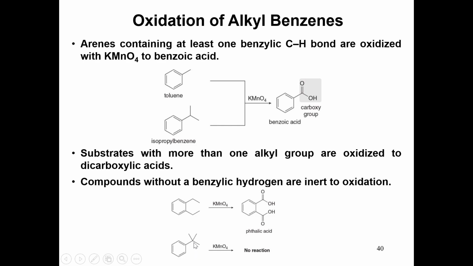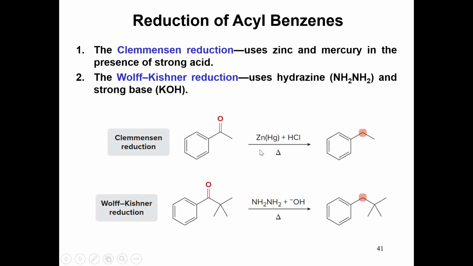If you have a carbon-hydrogen bond plus a strong oxidative reagent, you form benzoic acid. So you could have one or you could have more. If you have a third CH3 here, you will have a third carboxylic acid group. Again, this reaction is pretty simple. We are not going to discuss the mechanism.